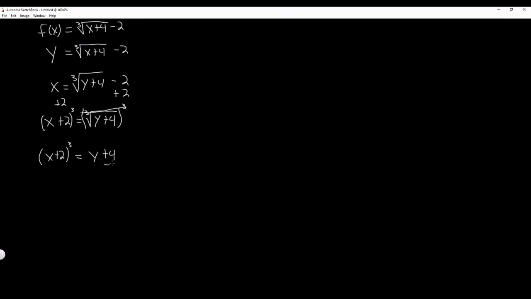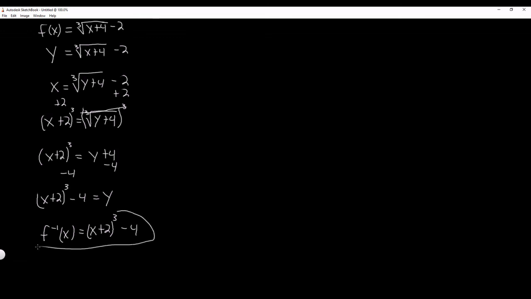And then from here we can just subtract 4 from both sides, and we will get x plus 2 raised to the third power minus 4 is equal to y. And since we have y, we can write this as the inverse function is equal to x plus 2 raised to the third power minus 4. And this is the answer to this problem.